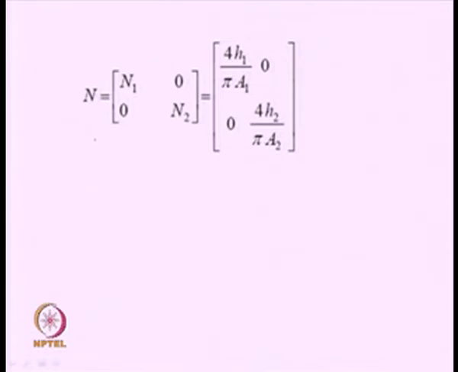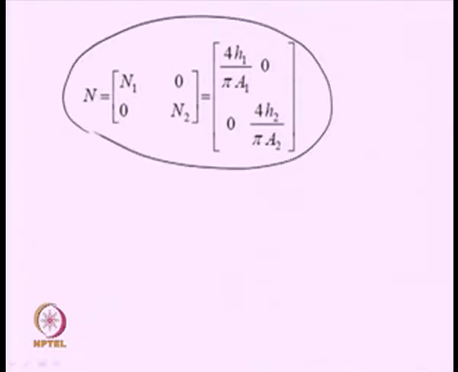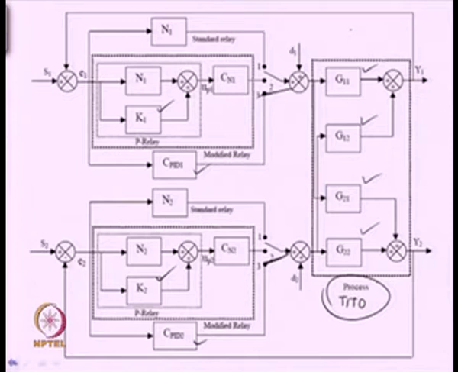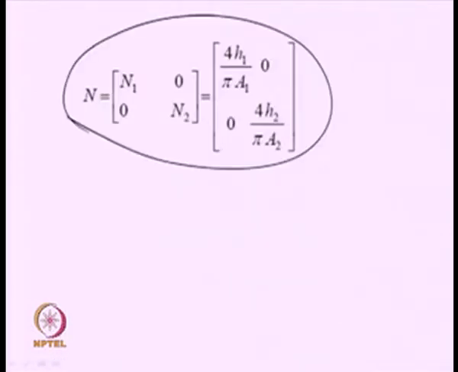Please allow me to take the dynamics of the nonlinear elements n1 and n2 in some diagonal form. N is equal to diag(n1, n2), where n1 is equal to 4h1 upon pi a1 and n2 is equal to 4h2 upon pi a2.